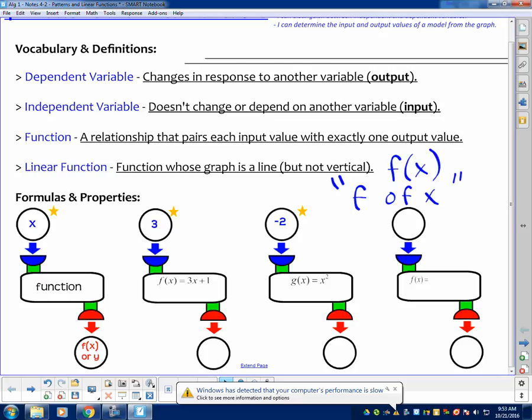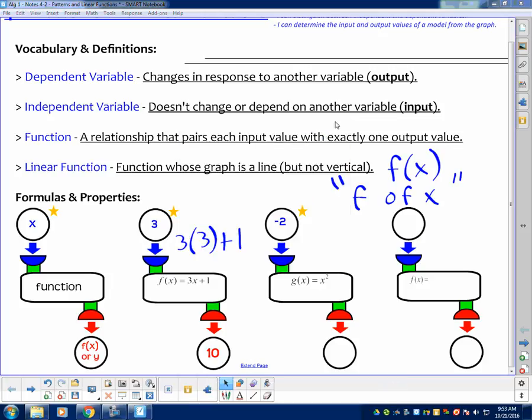If I plug in 3 to this particular function, what's my output going to be? In other words, if I plug in 3 for x, I'm going to get 10. Yeah, it looks like this: 3 times 3 plus 1. So I'm plugging 3 in for x, and you should get 10, yes.